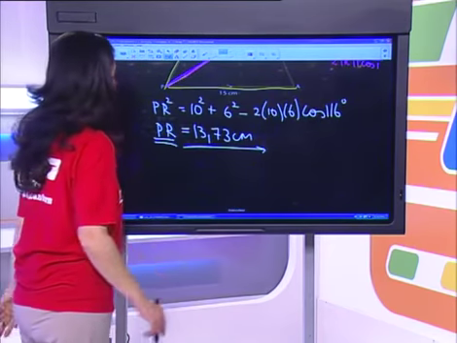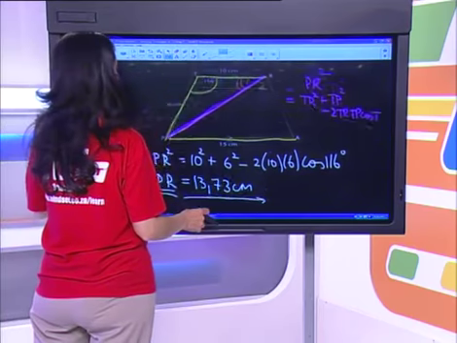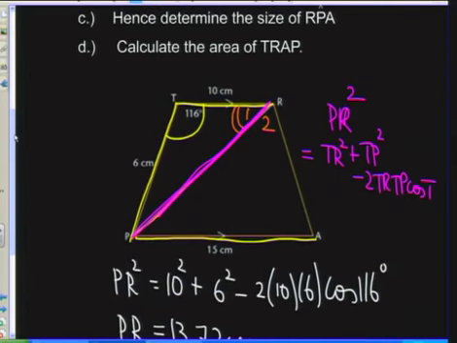So let's first just write up here. We want to find R1. So your sine rule would say that sine of R1 over the side opposite that, which is over 6, would be equal to the sine of 116, over the side opposite that, which would be our 13,73.